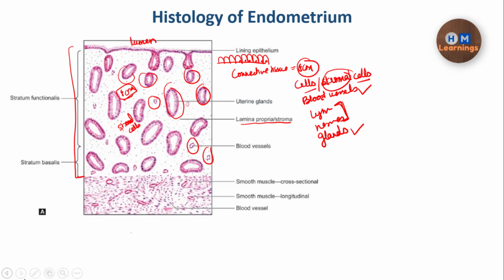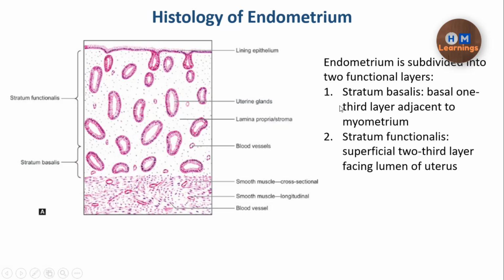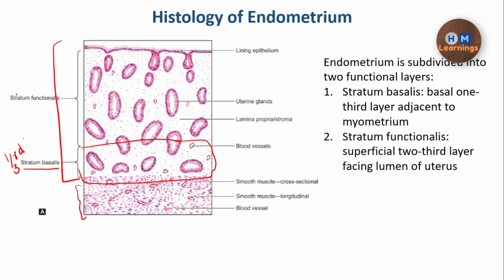Now the endometrium is functionally divided into two layers. You can see here that this is the complete endometrium. The 1/3 part which is adjacent to the myometrium, these are the smooth muscles, is called the stratum basalis, and the 2/3 part is the stratum functionalis.